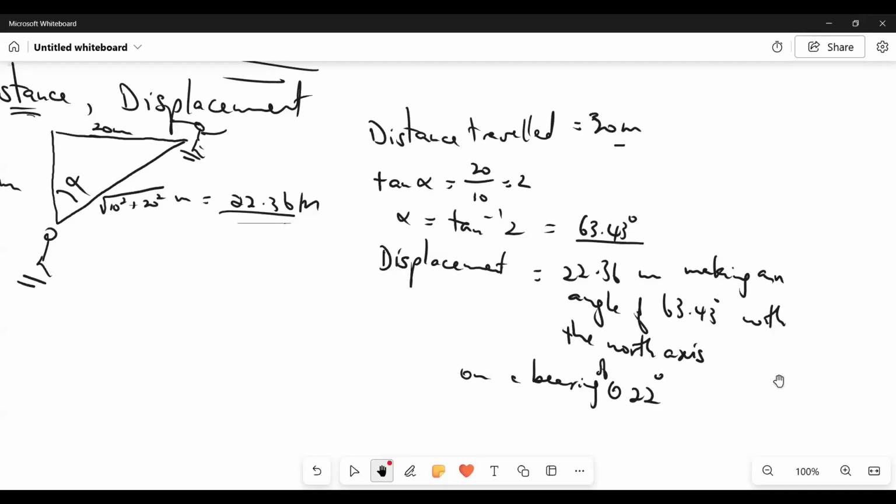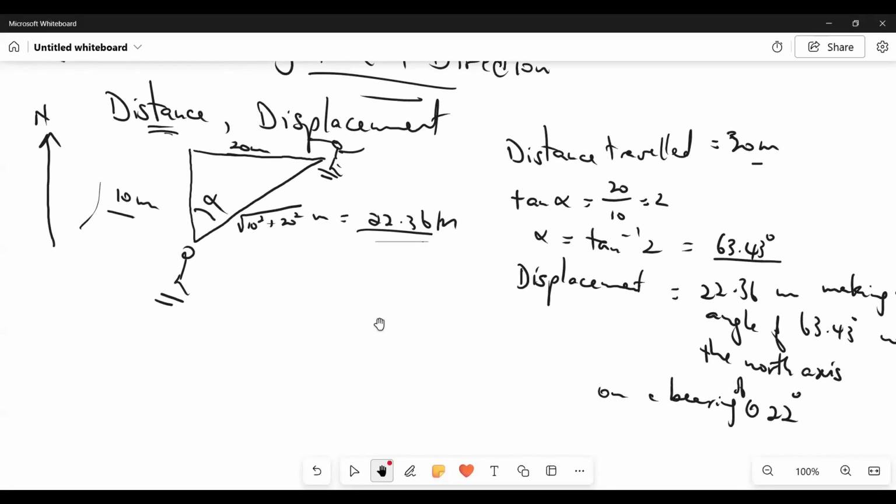Good. Now we got a little taste there just now of how we add vector and scalar quantities. Did you notice how you did it very linearly with a scalar quantity? When you were dealing with the distance, what did you do? You simply add 10 and 20 very, very linearly, right?